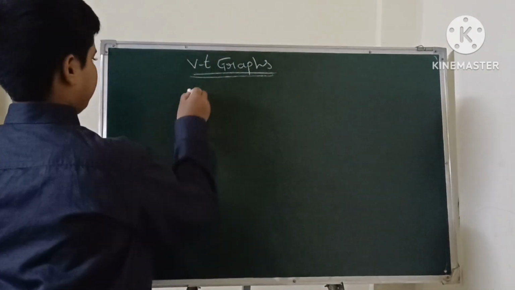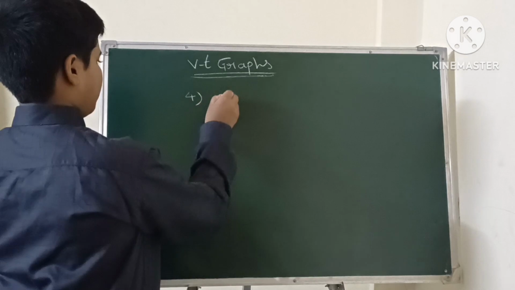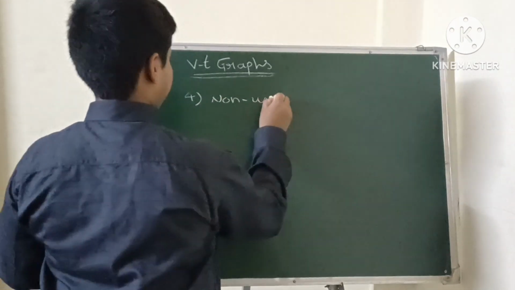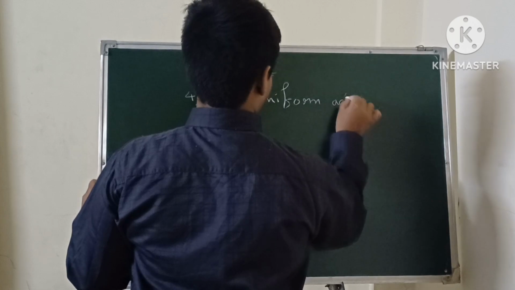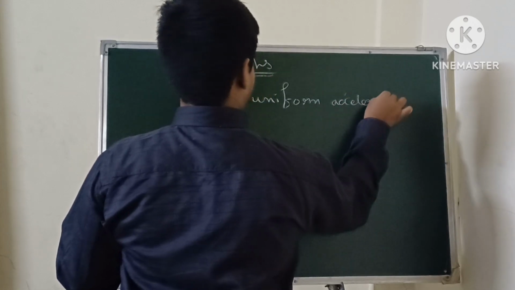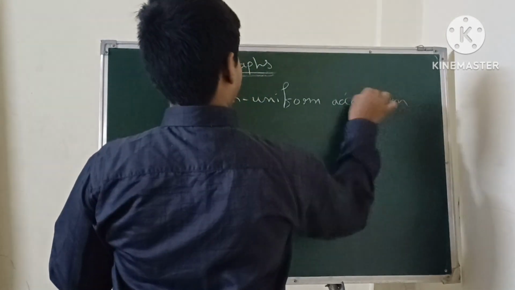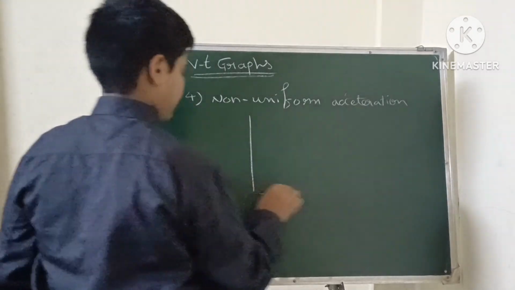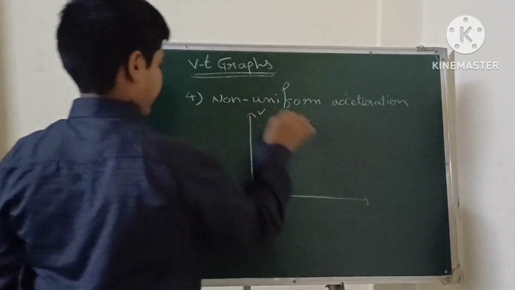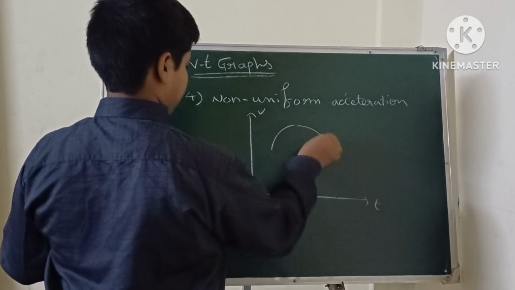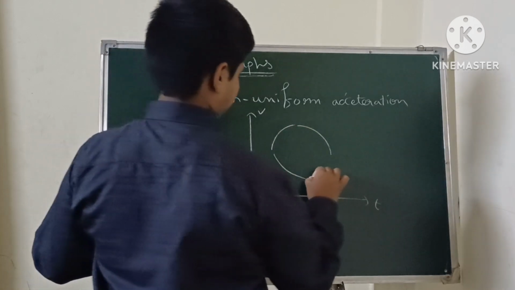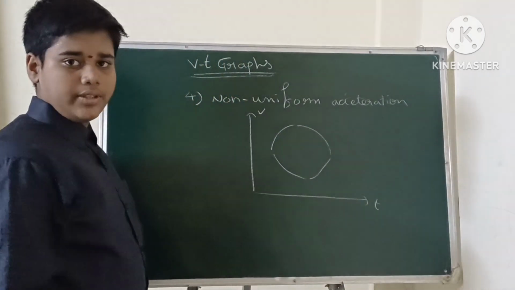And the fourth one, non-uniform acceleration only. So if I take V and T, I am taking graphs like this. Okay.